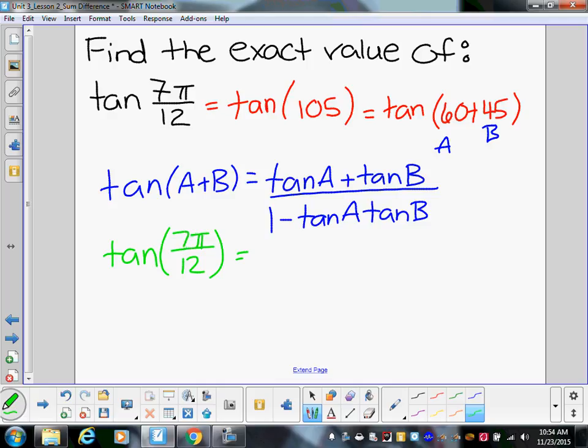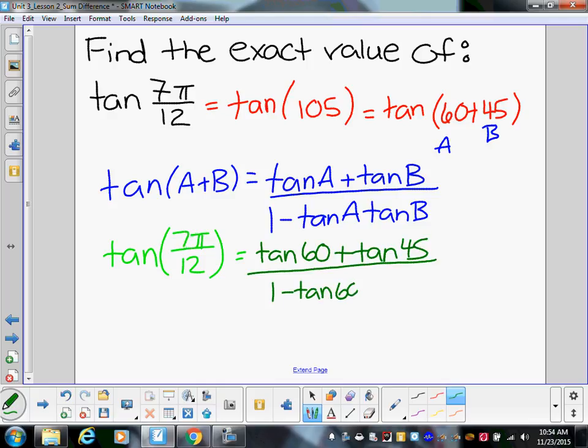So the tangent of 60 is root 3. I want to make sure I do what I said to do. So the tangent of 60 is root 3.